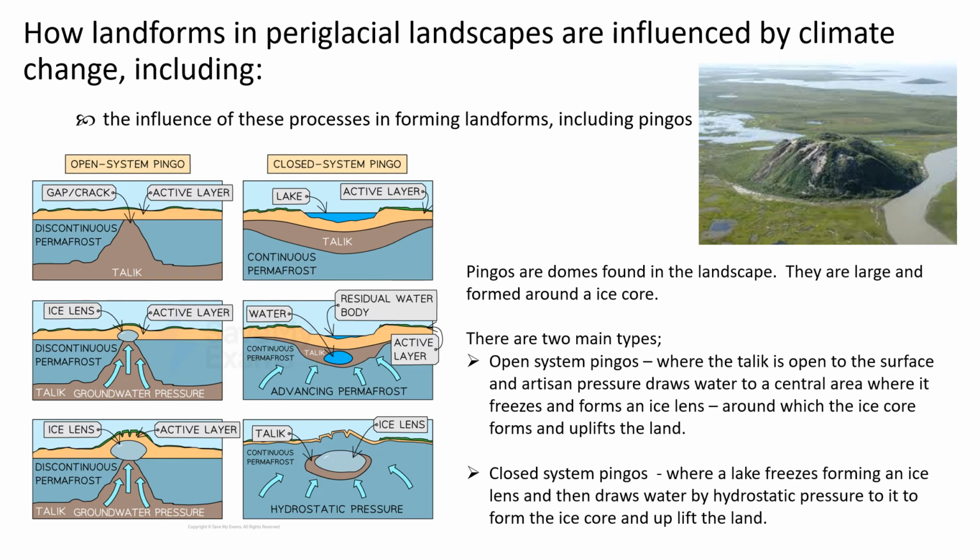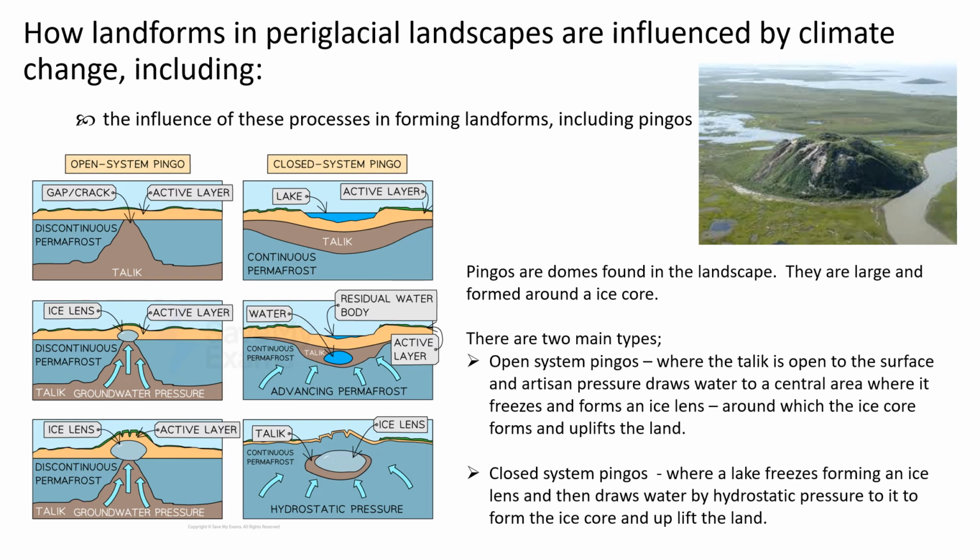So our open system pingos, which we have on the left of the diagram, is where the talik, or the unfrozen ground, is open to the surface, and that means water can get into this unfrozen non-permafrost ground, and that water will use artesian pressure to draw more water to it, and it will freeze and form an ice lens and draw more water to it, and eventually it creates this core that uplifts the land and creates a pingo.